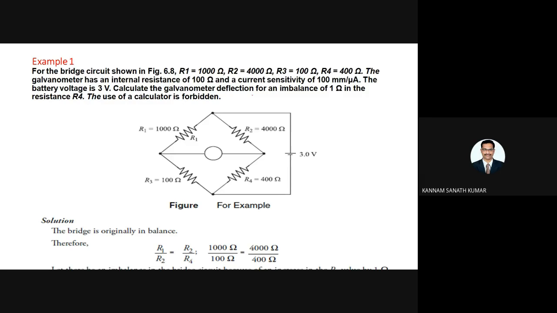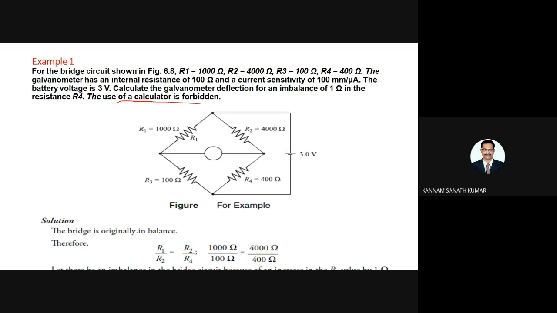Calculate the galvanometer deflection for the imbalance, where the galvanometer is in an unbalanced condition. You need to find the galvanometer deflection at 1 ohm change in the resistance R4. The use of a calculator is forbidden, so you should not use the calculator.